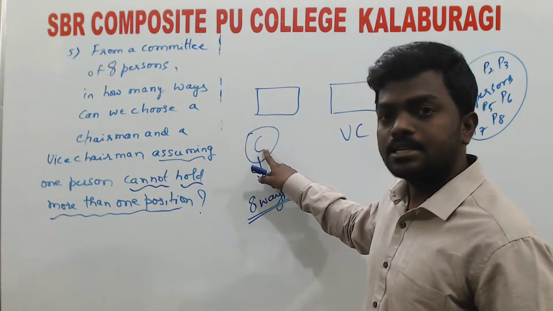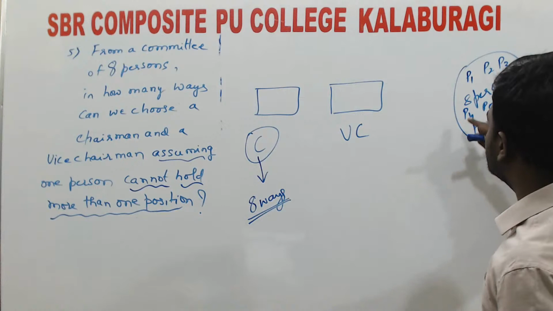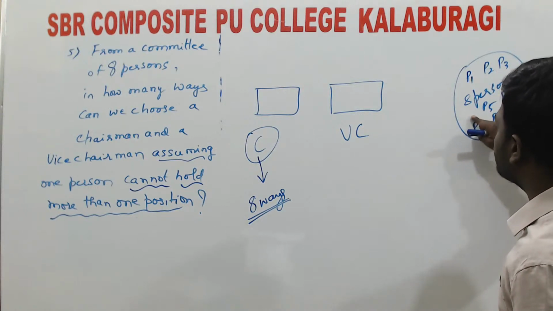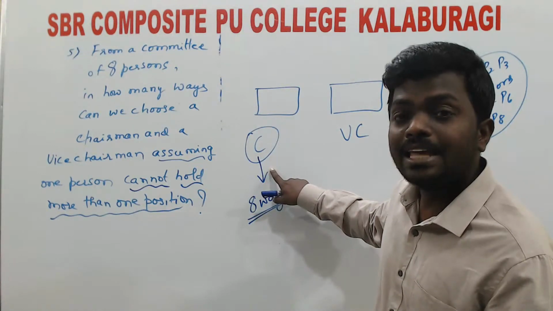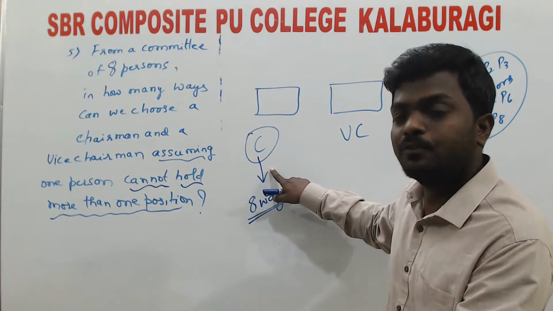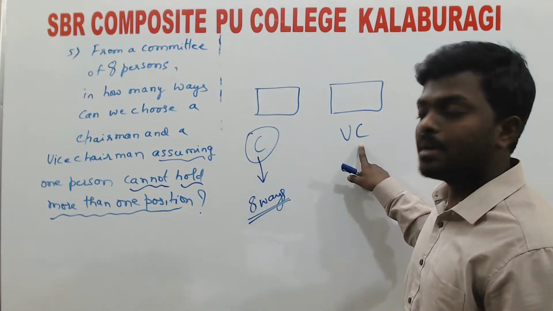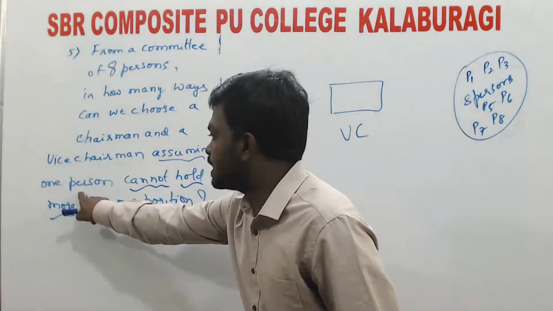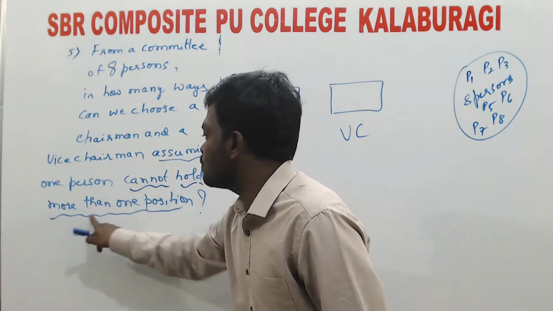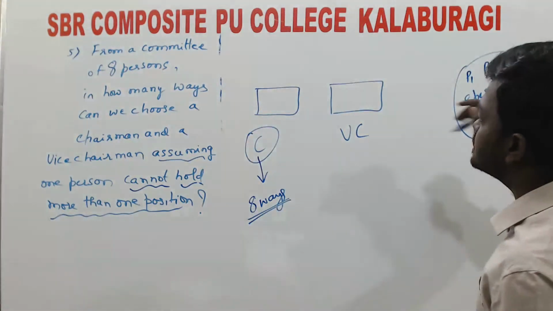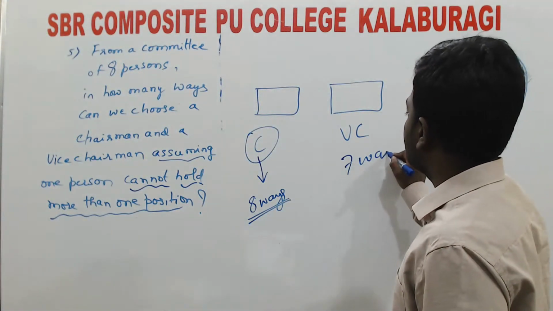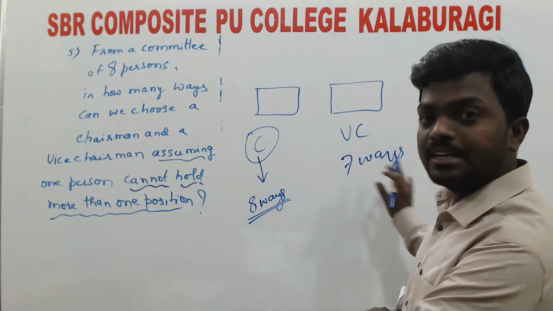Let me assume that P4 has been given the chairman post. Now I cannot give P4 the post of vice chairman also, because a single person cannot hold more than one position, right students? So how many persons are left now? 7, right? So now the event is over.